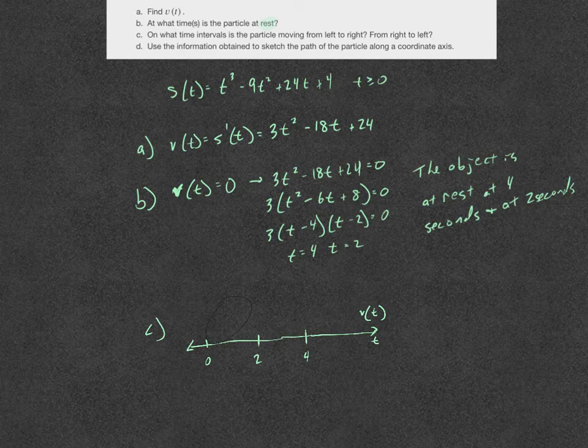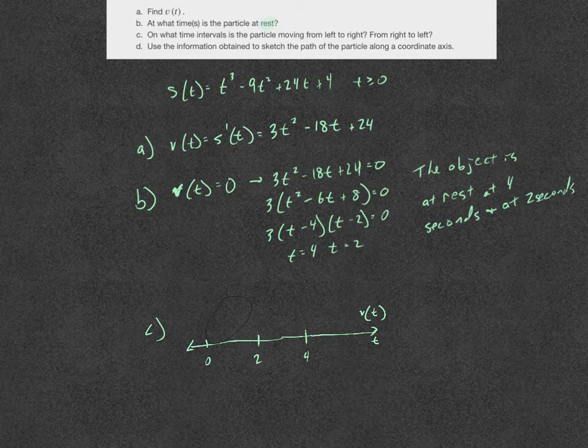But I don't actually care what the actual number is for the velocity. I want to know if it's positive or negative. A positive velocity means that this object is moving to the right in a positive direction. And a negative velocity means that the object is moving to the left in a negative direction.